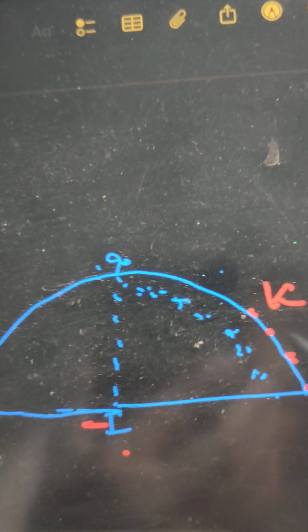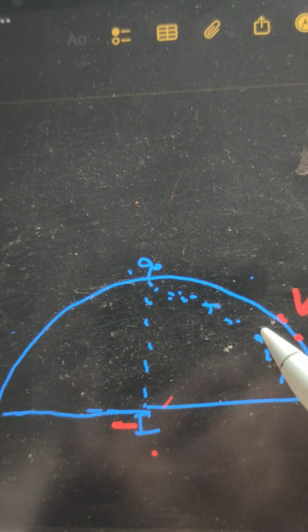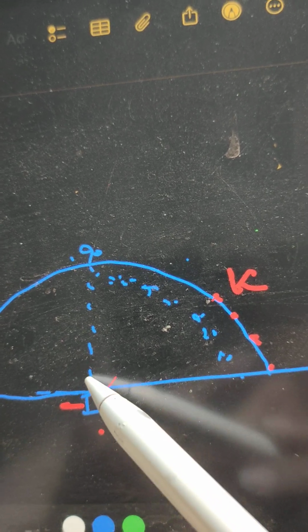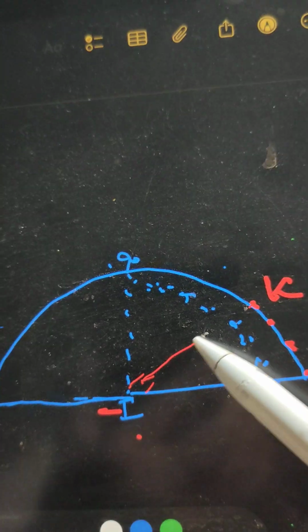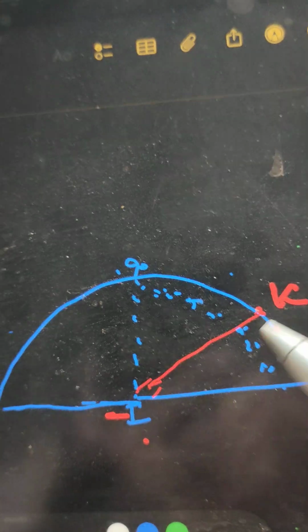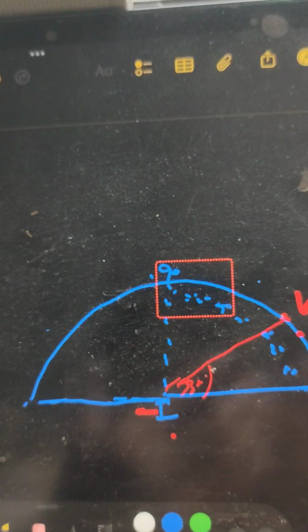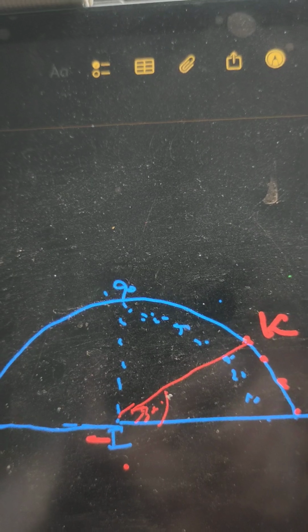So you've marked K, and you pick up the protractor and a scale, and draw a line which will show 30 degrees. That's how you measure the degrees.